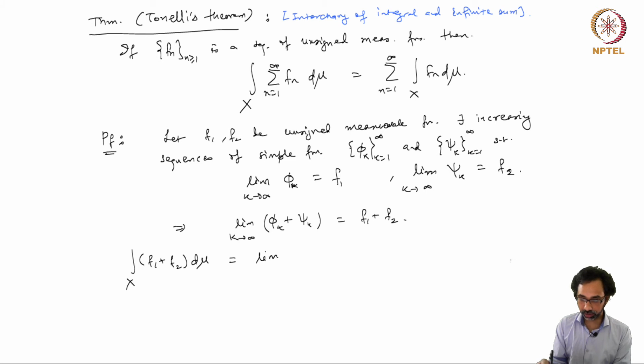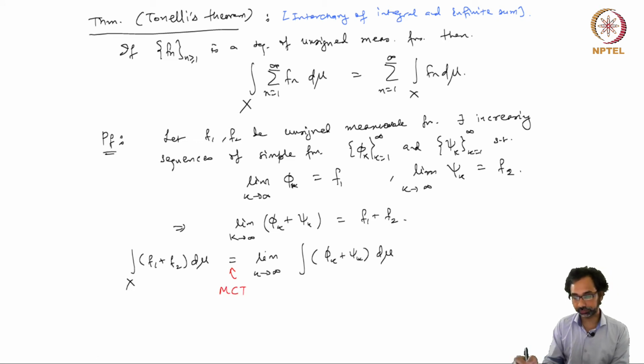Now if we take the integral of the sum f1 plus f2 d mu, then this is the limit as k tends to infinity of the integral of phi_k plus c_k. This is by the monotone convergence theorem, MCT in short. And we have seen in the corollary that we can take any increasing sequence of simple functions converging from below, and then we will have this formula.